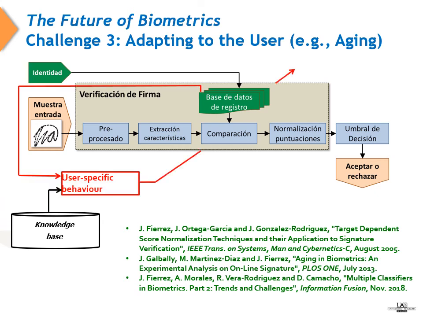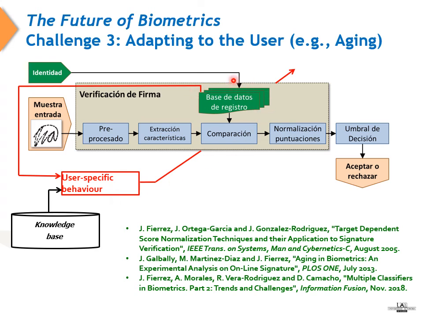So ideally, instead of having all the templates and all the processing steps designed in the same way for all subjects, many times, especially in behavioral biometrics, there is a large improvement if we design or adapt different steps of the architecture for different subjects or for different groups of subjects.